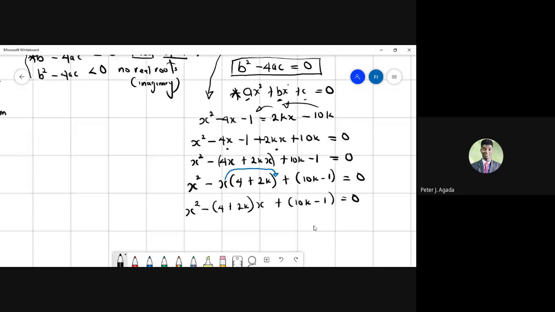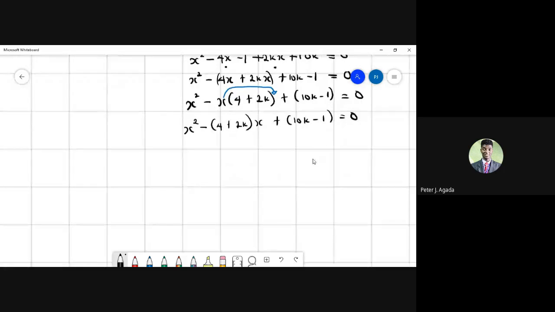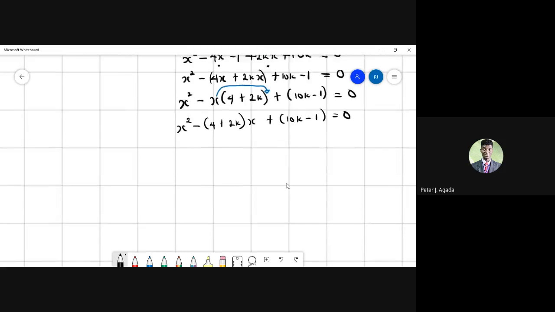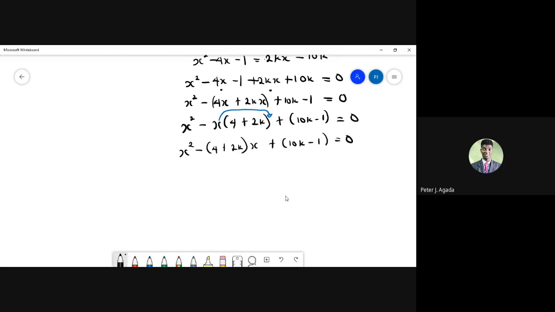Looking at this equation now tells you that I have my quadratic equation already. So I'll just create more space here so we can solve this equation. This is where we are. If I write my quadratic equation, I can have ax squared plus bx plus c equals 0.